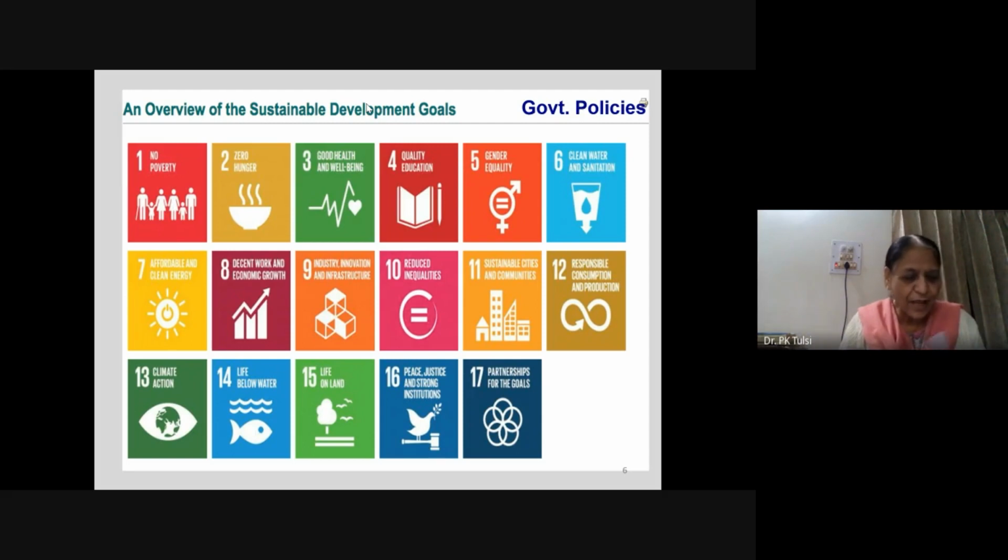If this is the scenario which exists, even in India, we witness that there are still regions where people have to go a long way to fetch water for the daily course.